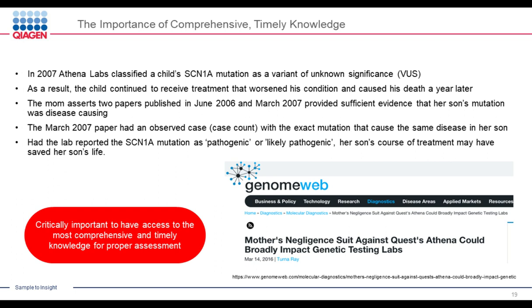In fact, the March 2007 paper had a clinical observation of a patient with the exact mutation and the exact same disease. So she says that if that lab had read that paper, maybe they would have reclassified her son's mutation as pathogenic or likely pathogenic and possibly changed the course of treatment. And so it's really important to have access to the most comprehensive and timely knowledge for proper assessments.